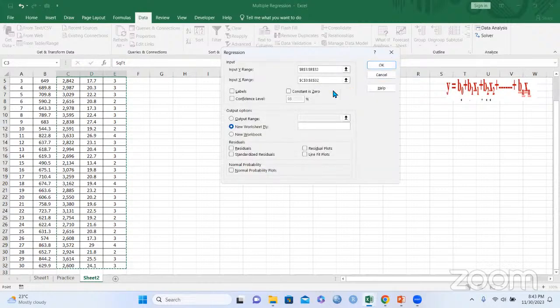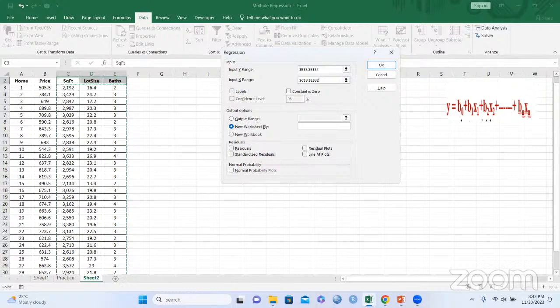I've clicked that one. Next, am I using any labels here? When I selected, I took care that no labels got selected. If I had taken from the header, square feet, lot size, baths, I should have checked this one. But now I have selected only values, so I'm unchecking this one.